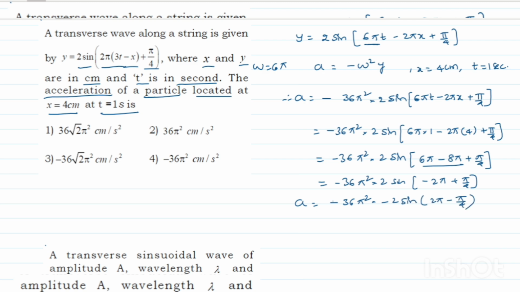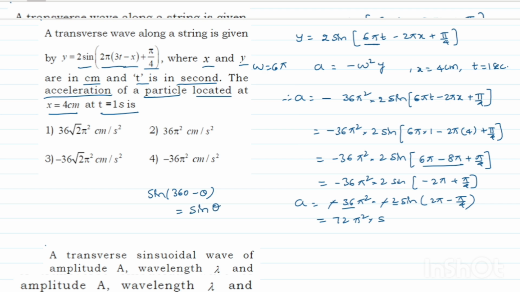So minus into minus gives plus, and 36 into 2 is 72 pi square into sine of 360 minus theta. Sine of 360 minus theta you can write as sine theta.